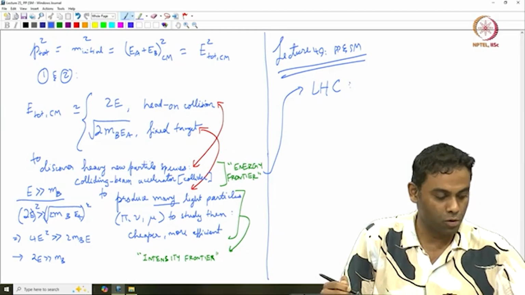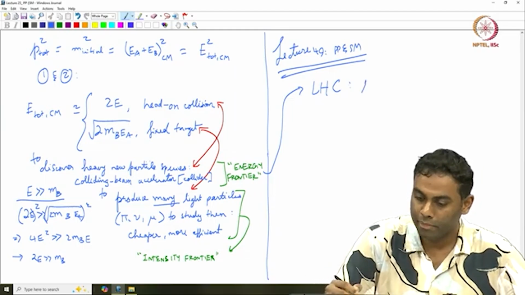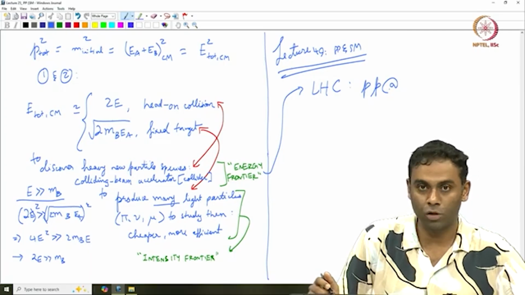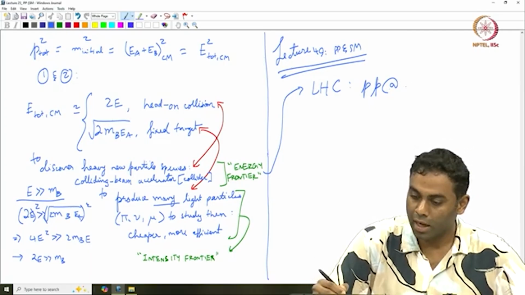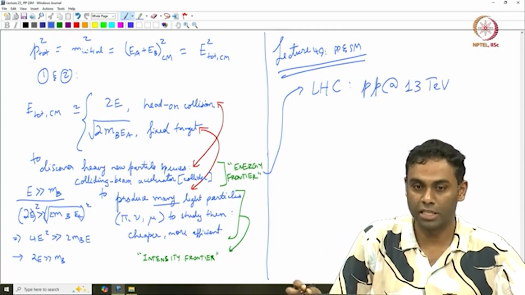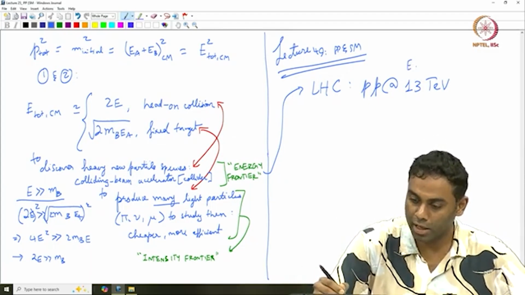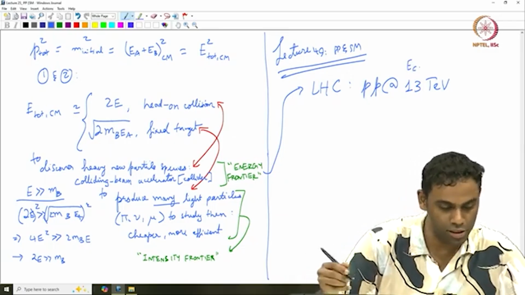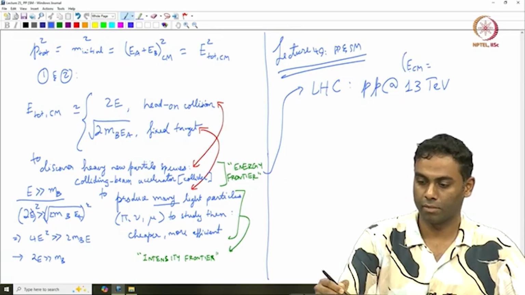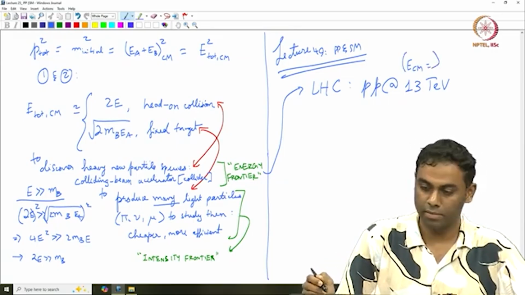What do they collide? At the moment they are colliding protons on protons at a center of mass energy of 13 TeV. Might as well write in my notation, it's ECM.